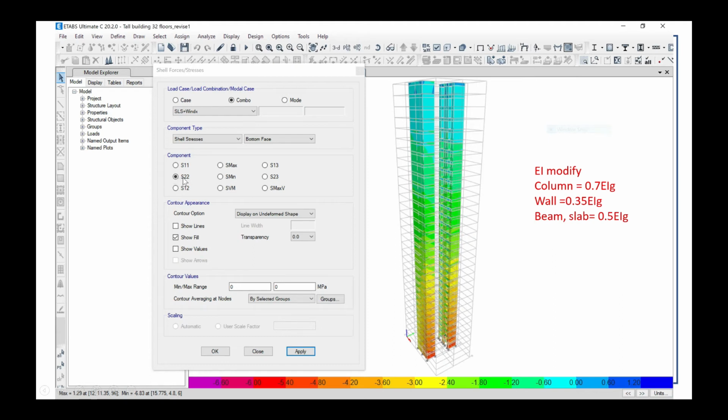We check S22. The result of S22, you see the red color is around 5.5. Yes, 5.5 in compression. So the core wall is in compression. No tensile stress appears at the bottom.